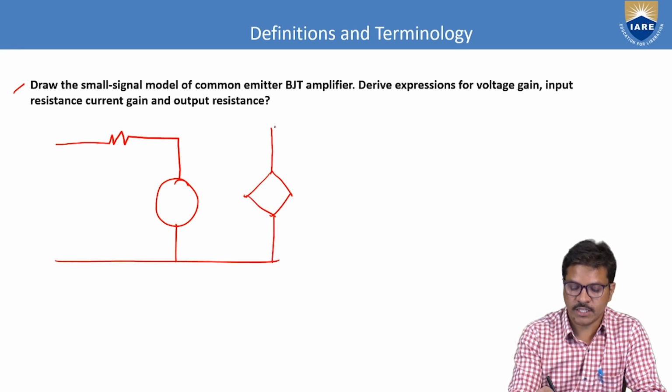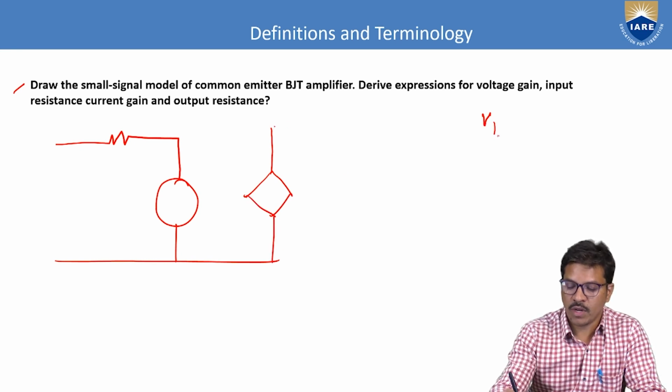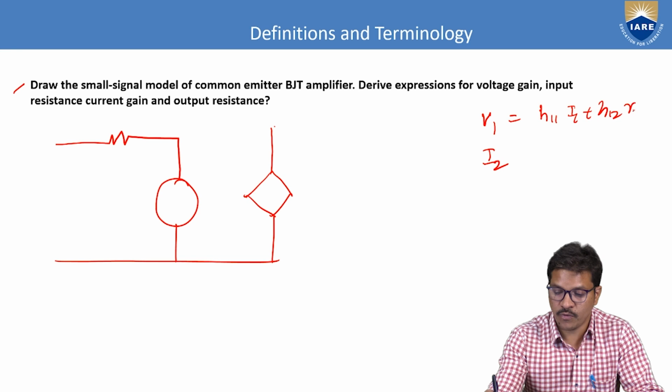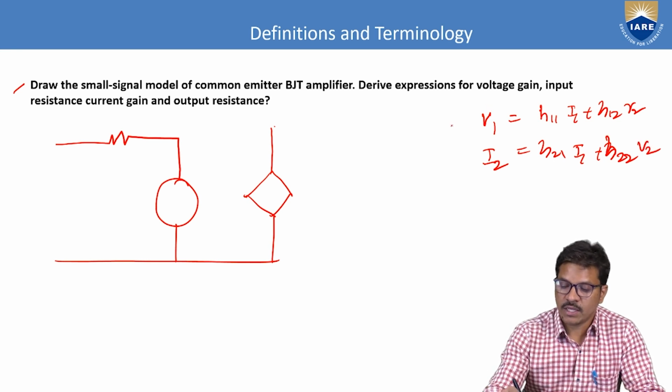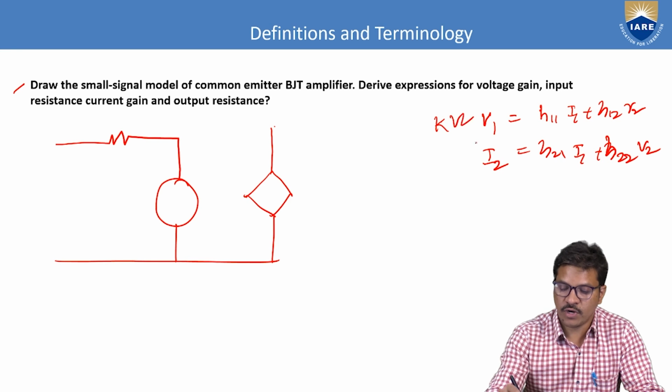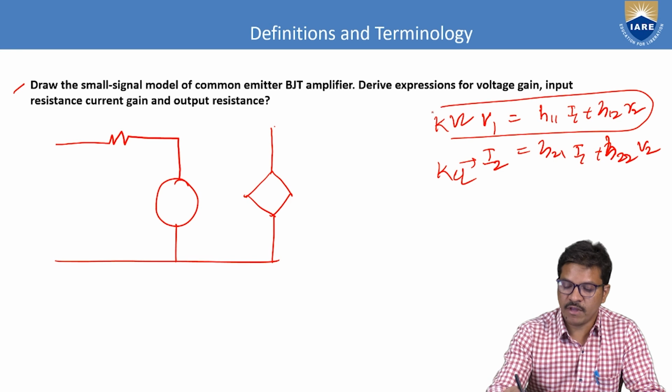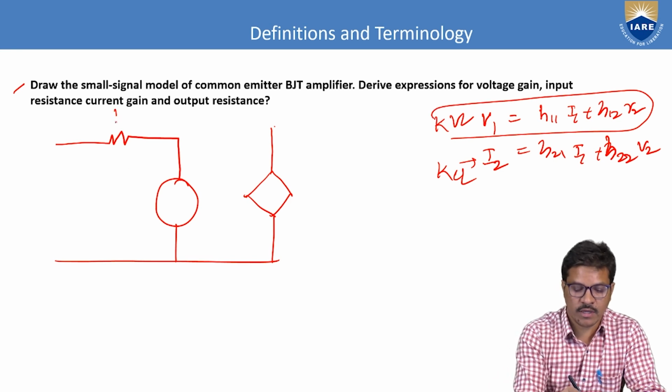So basically the H parameter model is V1 equal to H11 I1 plus H12 V2, and I2 equal to H21 I1 plus H22 V2. In this case, the first is like KVL, the voltage law, and the second is like KCL.